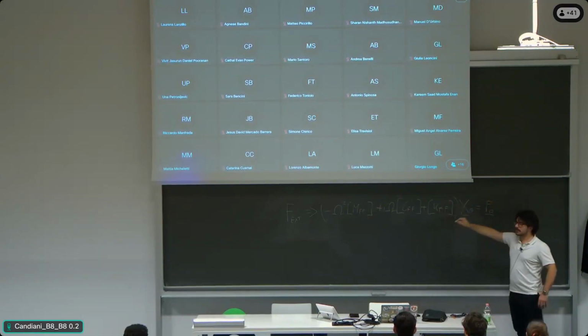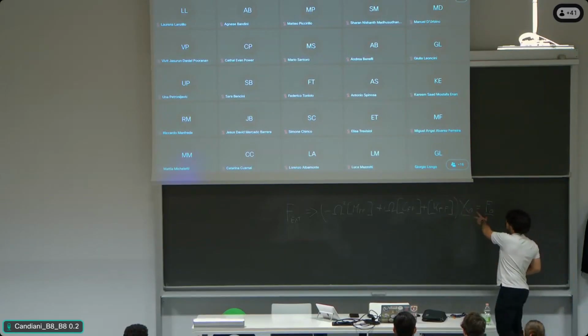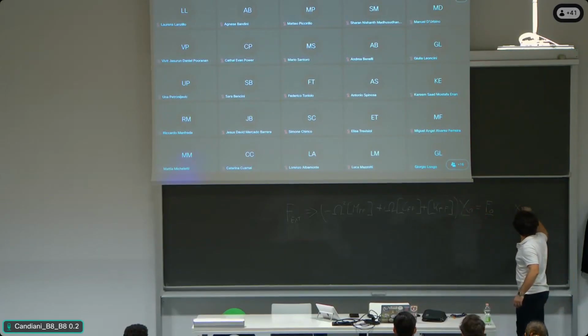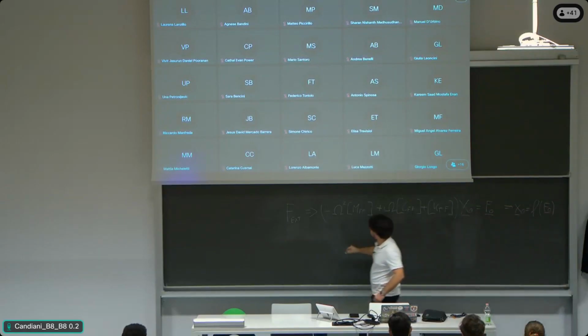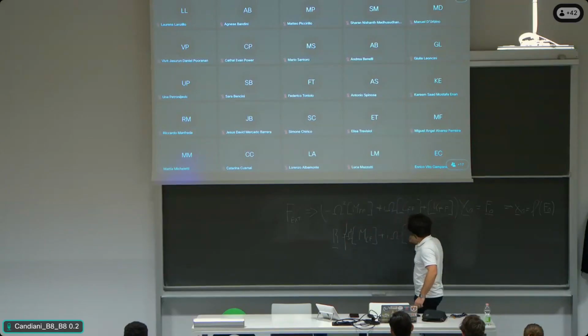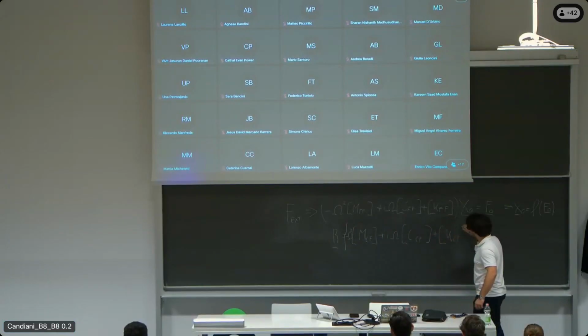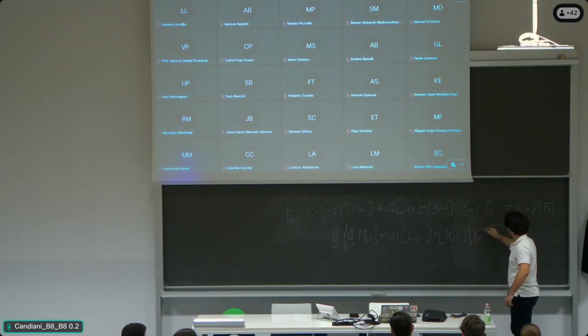So basically, we use this expression to find a relationship between x0 as a function of the external forces, and then we use this knowledge to know that the vector of external forces is just minus omega squared M_CF plus i omega C_CF plus K_CF times x0, which is a function of f0.